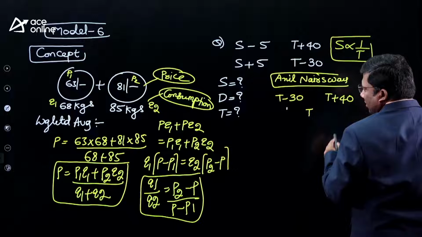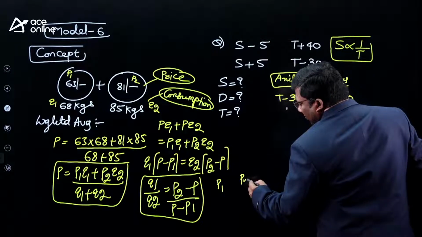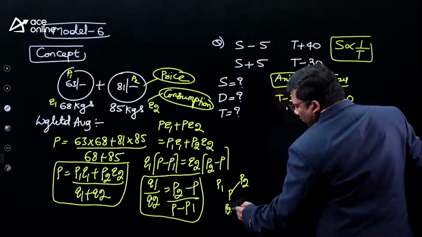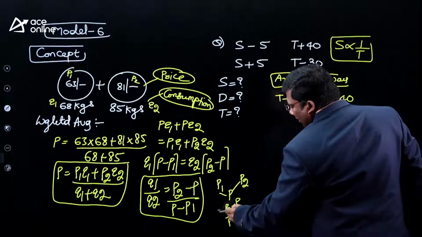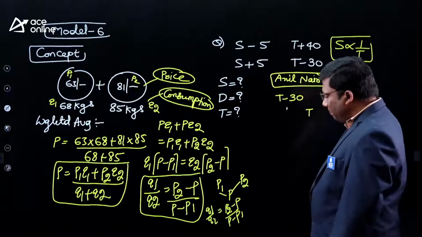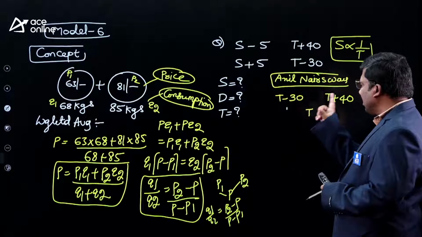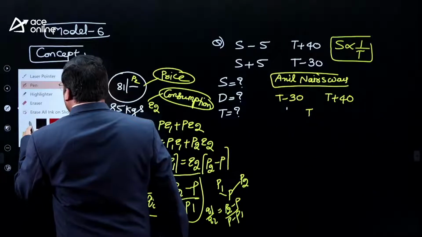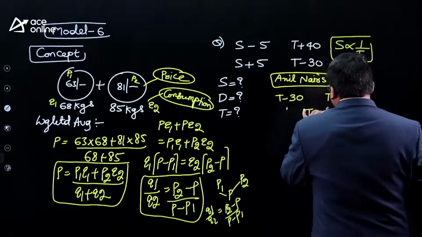Average time, T. Here, lowest value P1, highest value P2, average value P. Ratio P2 minus P by P minus P1 is equivalent to Q1 by Q2. Same here: lowest is T minus 30, highest is T plus 40, average is T. Allegation.